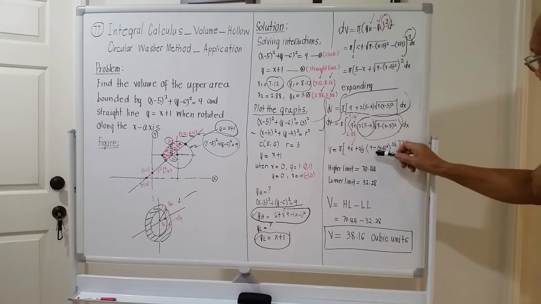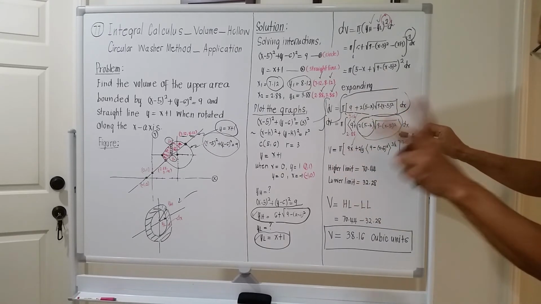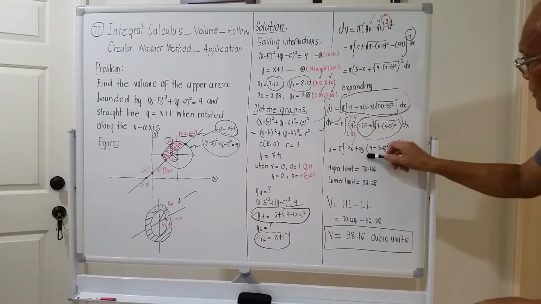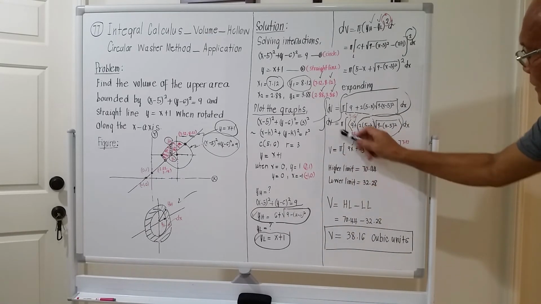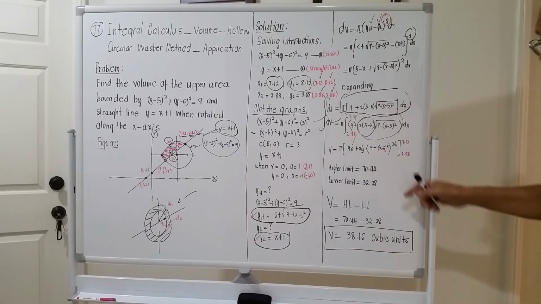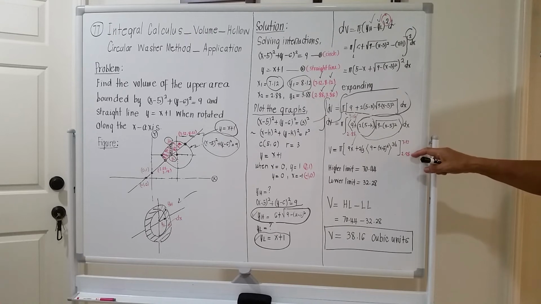The value of u inside is raised to the 3/2, because 1/2 plus 1 is 3/2. Actually, this is all over 3/2, which is 2/3. I simplified it already. So the volume is pi times the quantity 9x plus 2/3, this quantity raised to the 3/2, with the limits from 2.88 to 7.12.